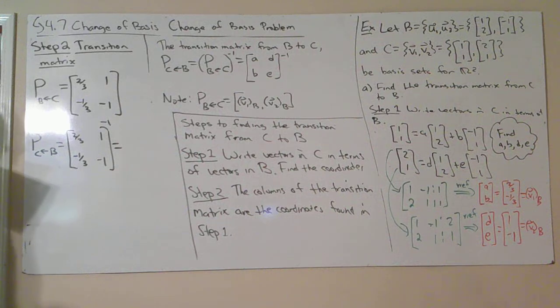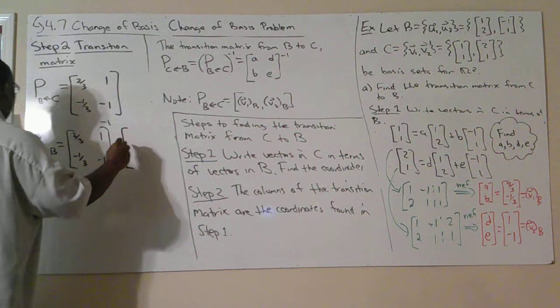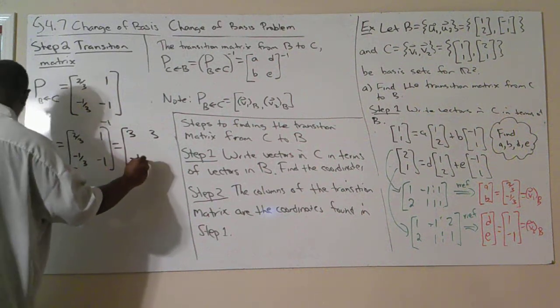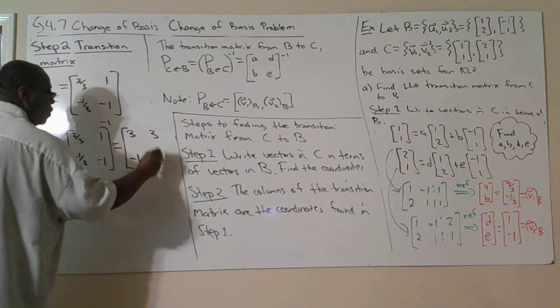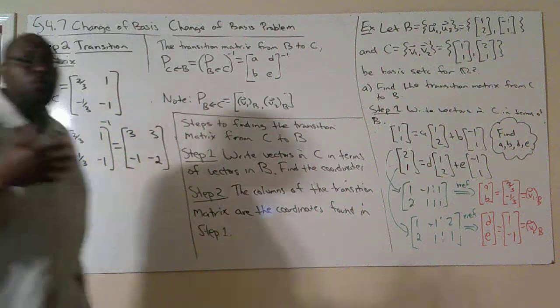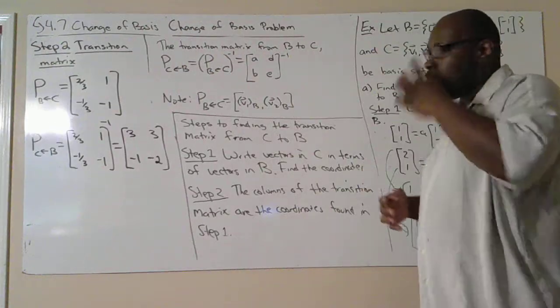And what you end up with is 3, 3, -1, and -2. Okay, so now these two transition matrices allow us to talk back and forth between two coordinate systems, right?